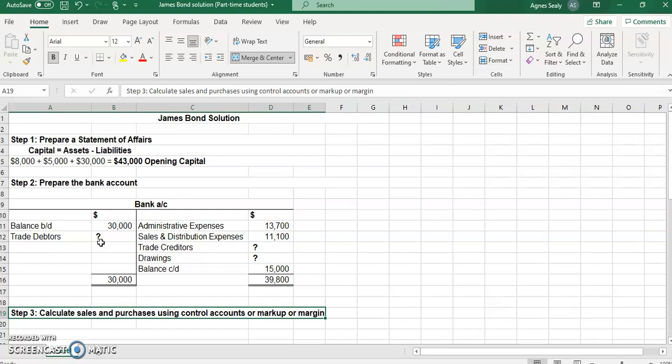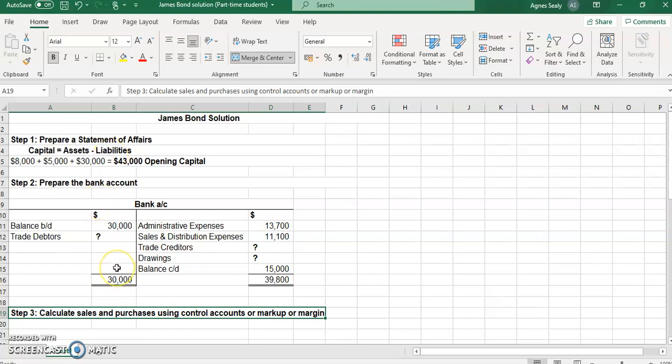Similarly, you cannot use the control account to calculate your credit purchases in this instance because you do not know how much money you paid your credit suppliers. And secondly, you don't know your credit purchases either. So therefore, you cannot use the control accounts in this instance.